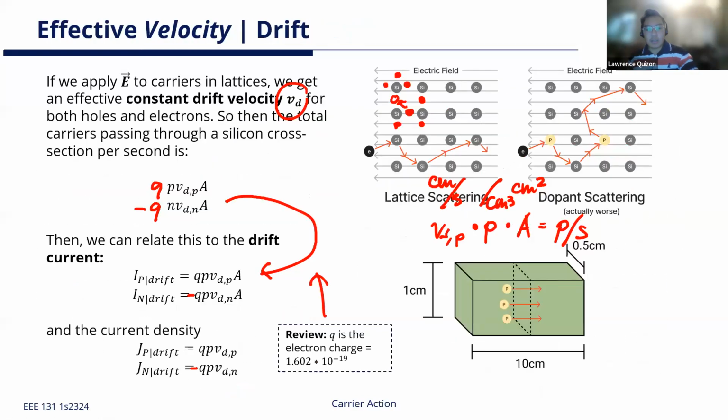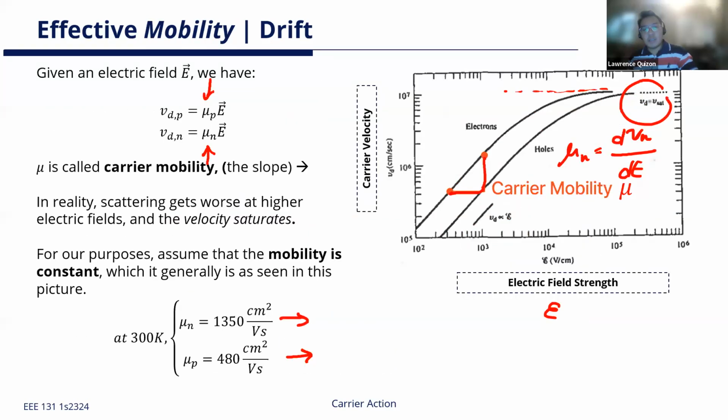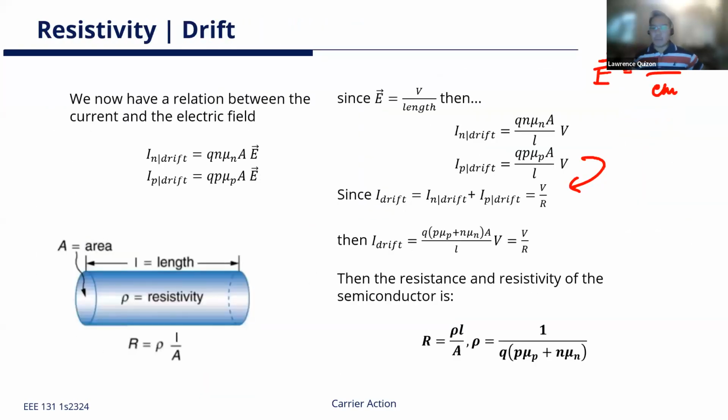Yes, right, drift velocity. Okay, so there's something I didn't discuss in class earlier, no? Earlier, our I_N drift was Q N V_D A, right? Because V_D is mu_N E, right?